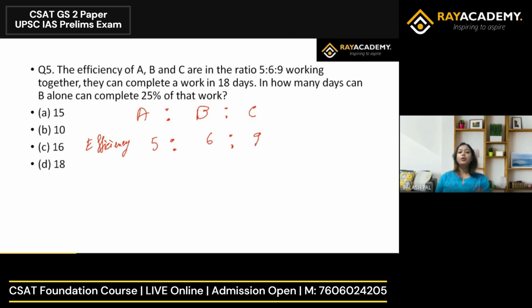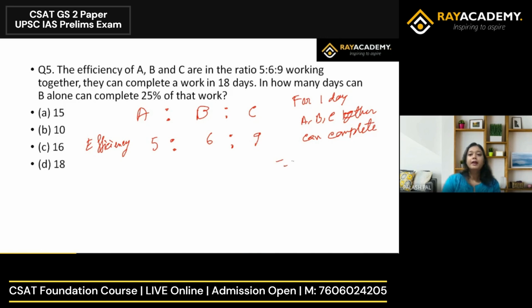For one day, A, B, C together can complete some work. Capacity means in unit time, how much work will be completed.